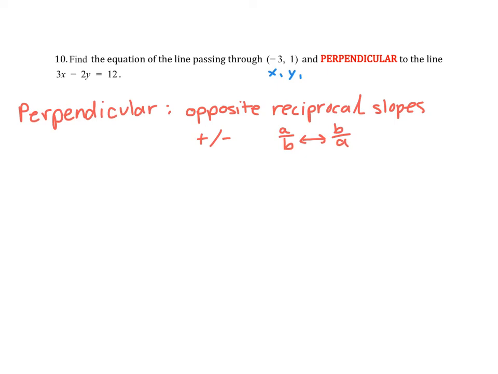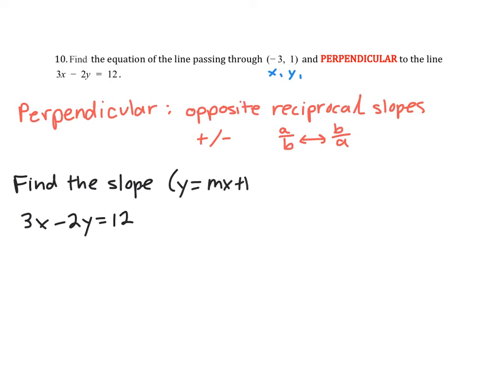So the first thing we're going to do is find the slope of the other line, 3x minus 2y equals 12. And the best way to find the slope is to rewrite it into slope-intercept form. So if we can make our equation look like this, we're just going to look for that m value.